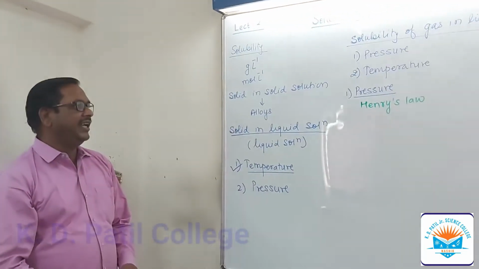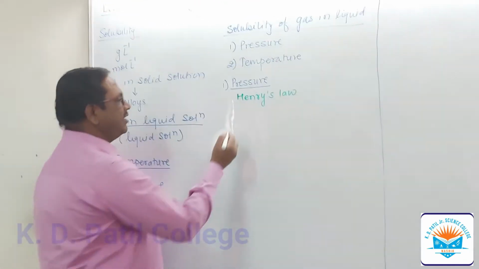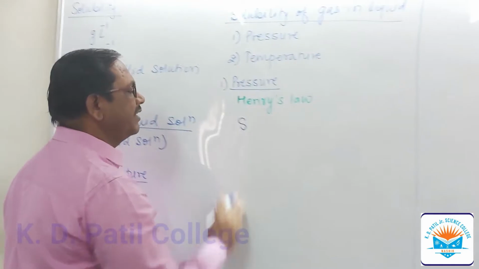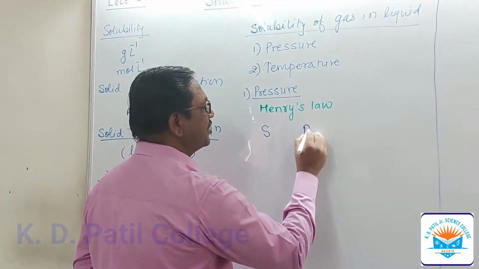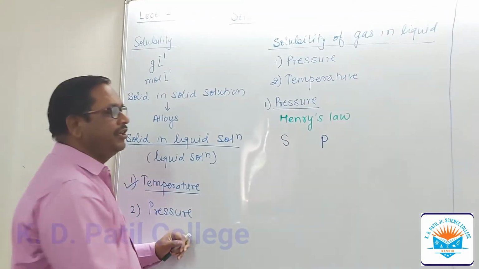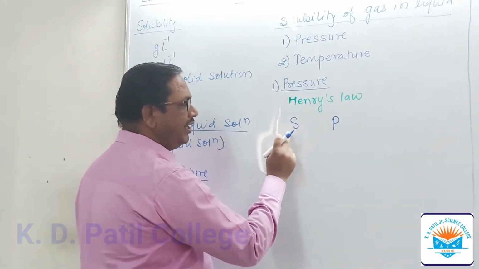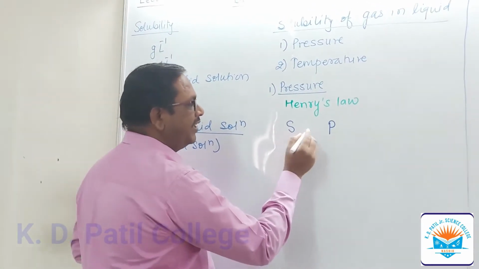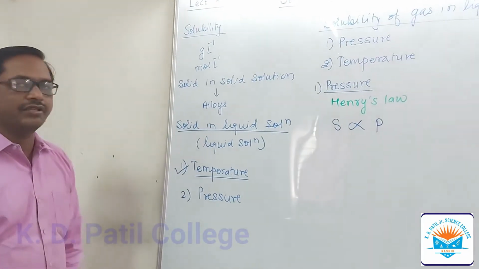Now what is Henry's law? Suppose S is the solubility of gas in liquid and P is the pressure of gas. According to Henry's law, the solubility of gas in liquid is directly proportional to the pressure of gas.